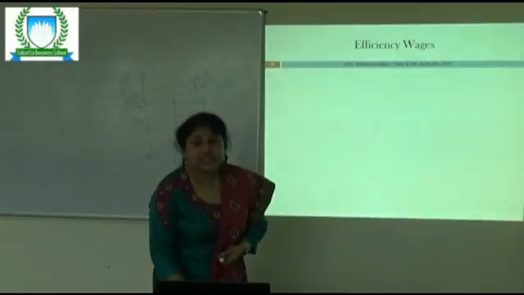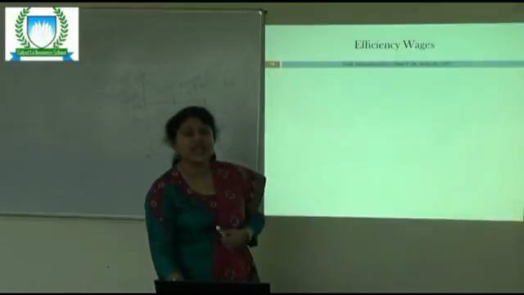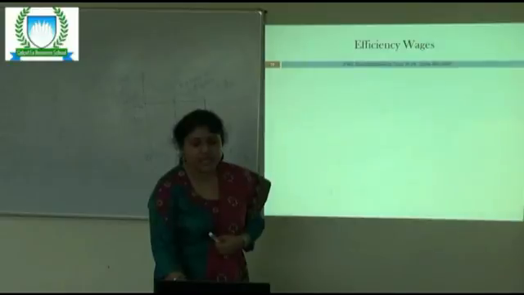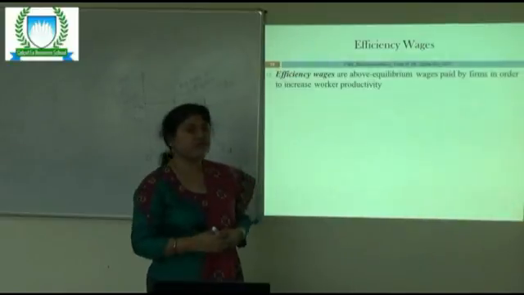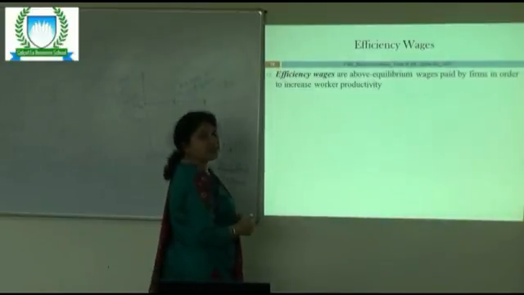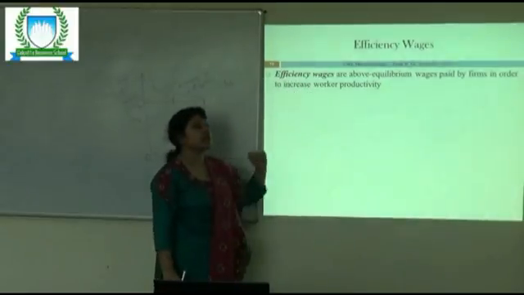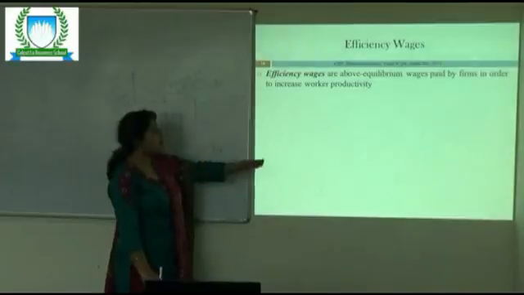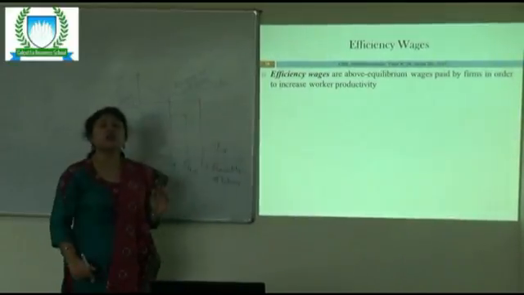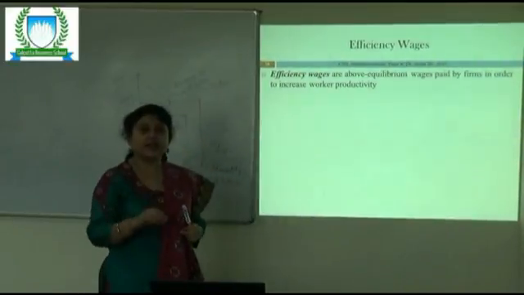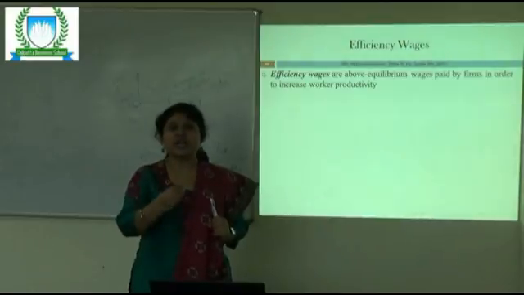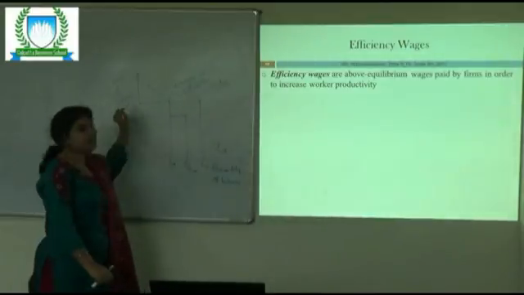We are now going to the third thing, which is called the efficiency wage theory. According to this theory, efficiency wages are those wages which are above equilibrium, and they are paid by firms in order to increase worker productivity. Here, it is not the labor wanting that the wage remain over here.